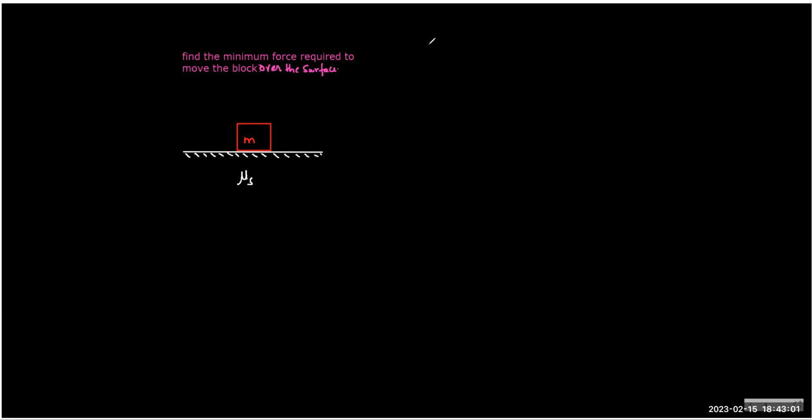So the idea is simple. If I apply force like this, then I have to actually apply a force μs mg to move the block, right? But if I apply force like this at some angle theta, which I don't know, but if it is acting upward, then it will have two components.